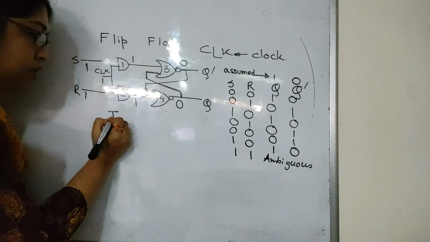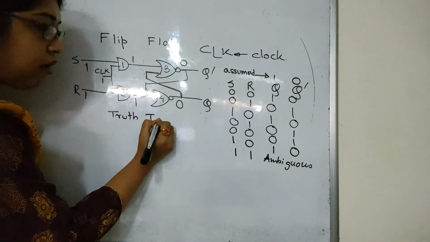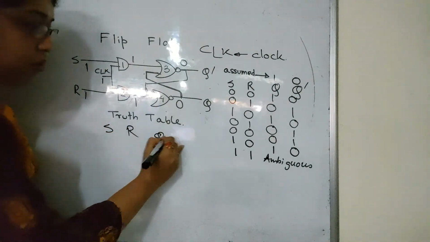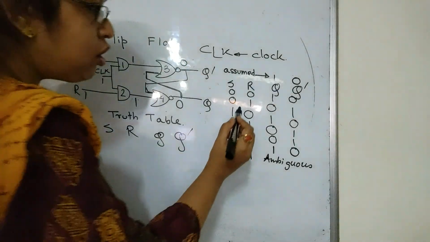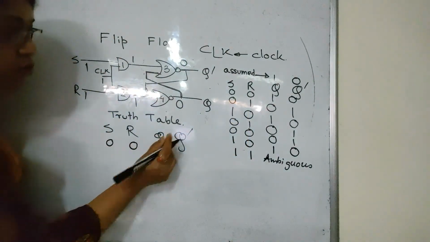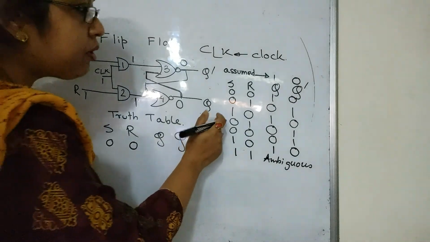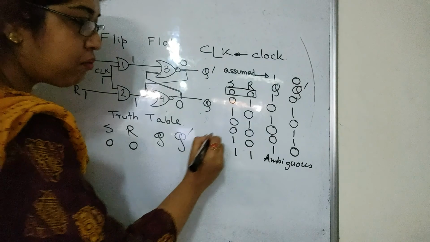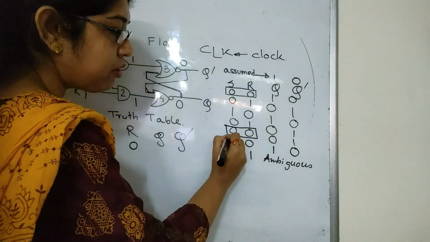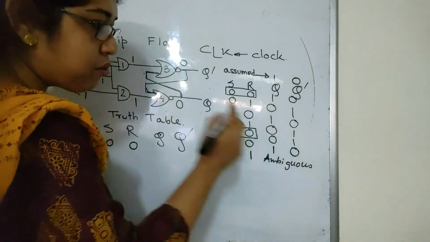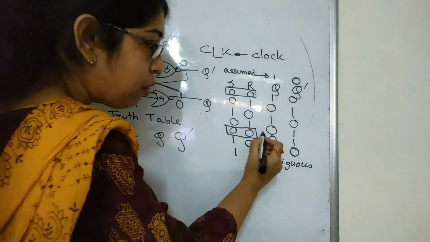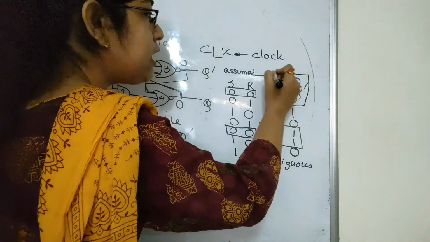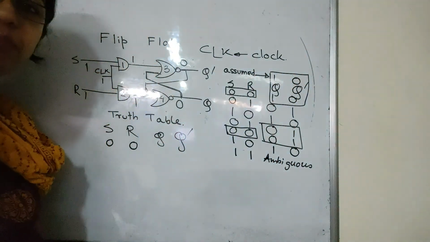We are going to create the truth table. S, R, Q, Q dash. Now, if you look at the 0, 0 entry in this working table, you see whenever we have given 0, 0 input, the output that we have got is always equal to the previous output.